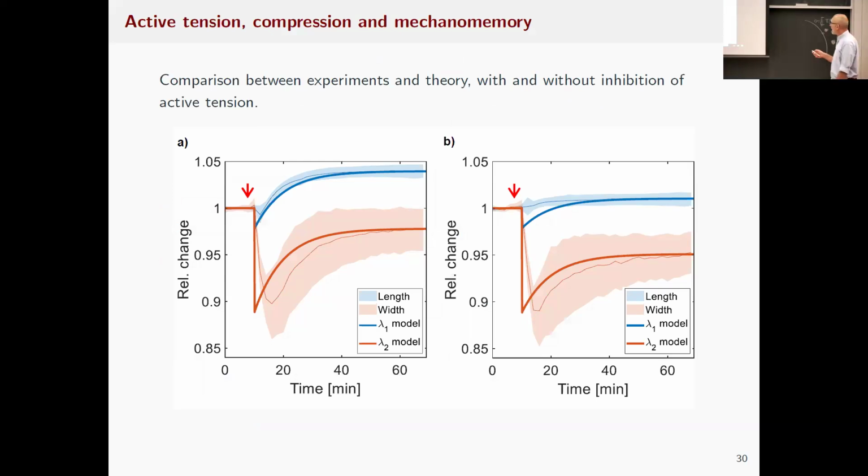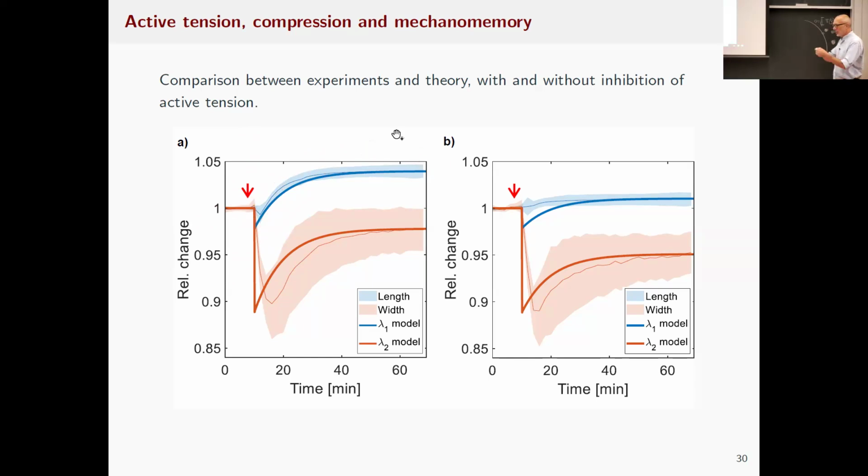The experiments are shown on the left. So look at the blue line. On the blue line, you see the cells that are just attached to the pillars. Here there is the osmotic shock, the red arrow, and there is a small compression which is fully passive. But now, surprisingly, the cells relax.